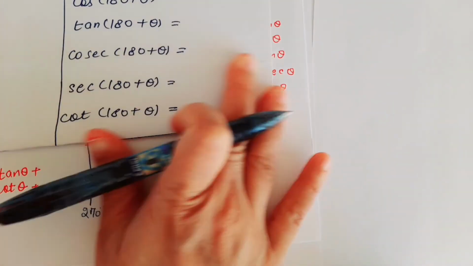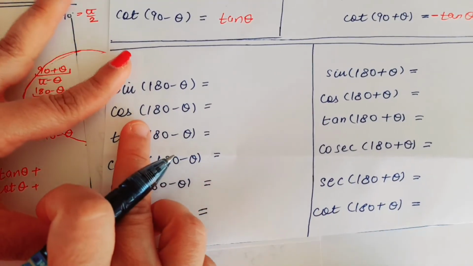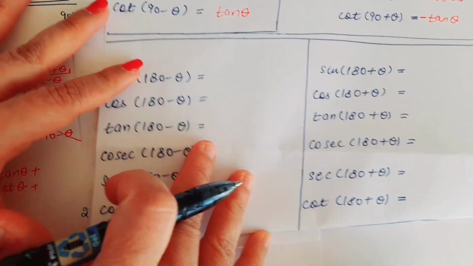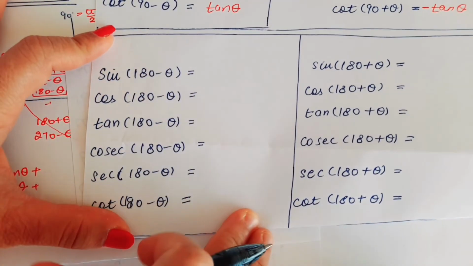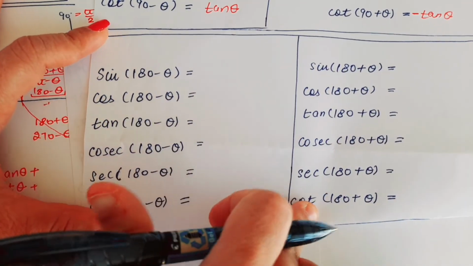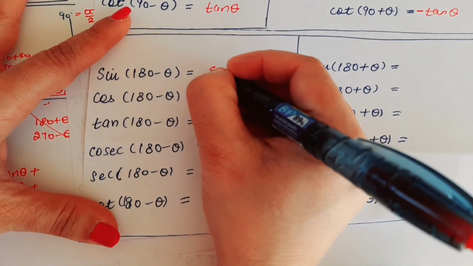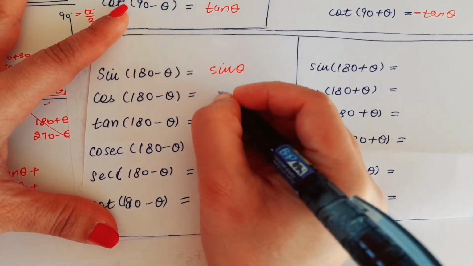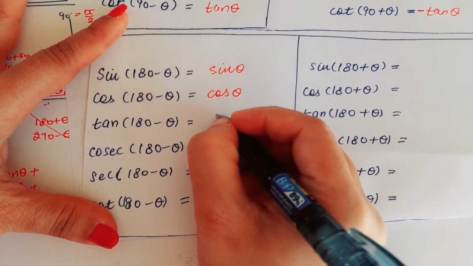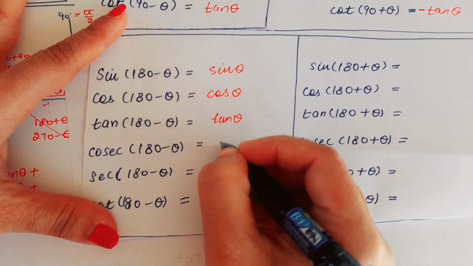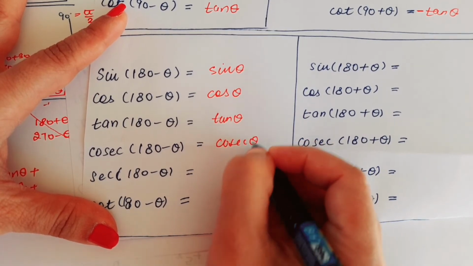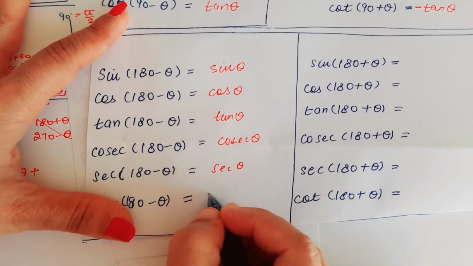Now we come here, sine of 180 minus theta and cos of 180 minus theta, and this is 180 plus. And I told you when we have 180 we do not change the ratios. Sine is sine, cos is cos, tan is tan, this is cosec, this is sec, this is cot.